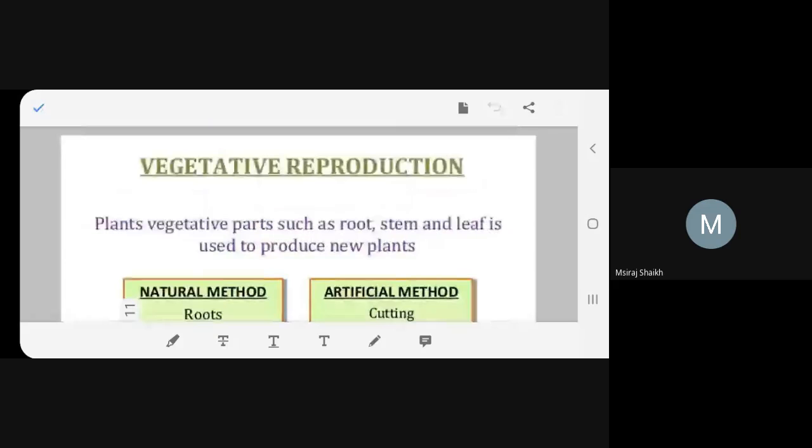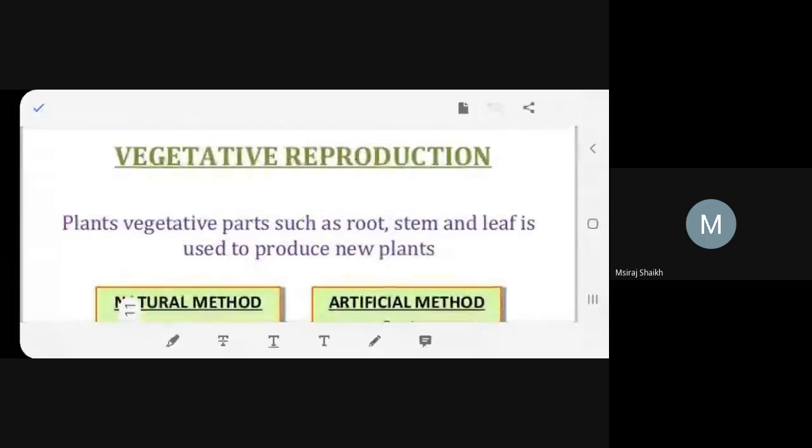Now we come to vegetative reproduction. As the name suggests, vegetative means parts of the plant body can give rise to a new plant. So what are these plant parts? They are root, stem, and leaf.